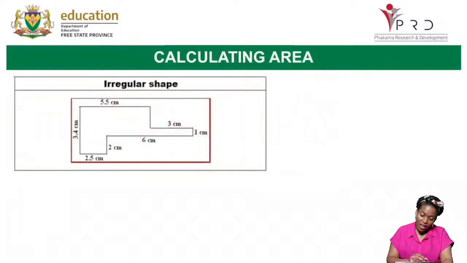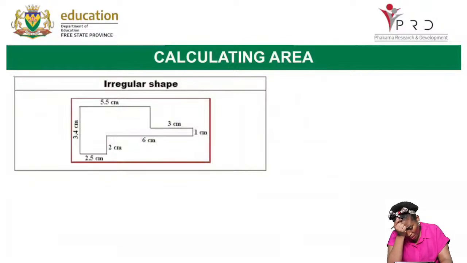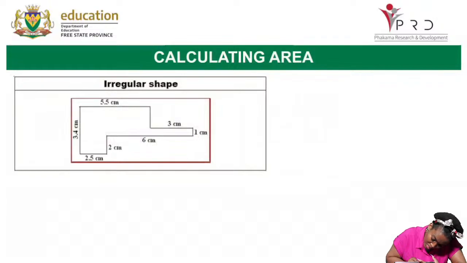And then if you were to calculate the area of this shape, this is an irregular shape. So you can't say I'm going to use a rectangle formula, or a square formula. No, you can't decide. So the best thing that you can do for yourself is to cut this shape into manageable pieces. You can cut it like this, and then you cut it like this.